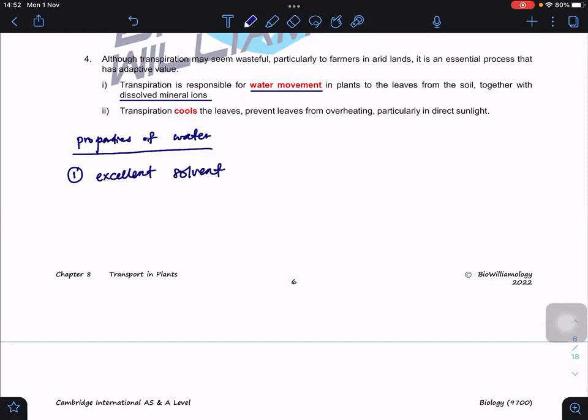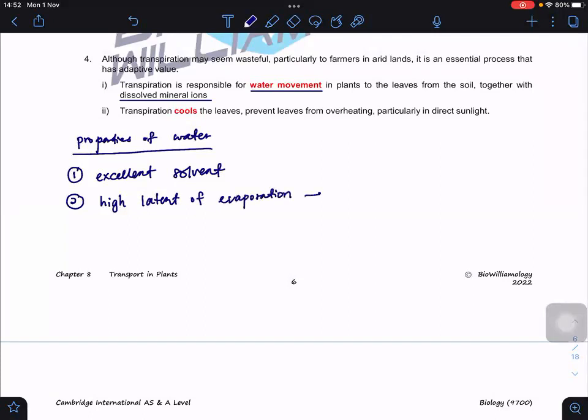Are you clear? They are excellent solvents, so therefore they can dissolve the mineral ions and bring them from the soil to the shoot. Number 2, because it gives us the cooling effect, this is the property of water that it has a high latent heat of evaporation.